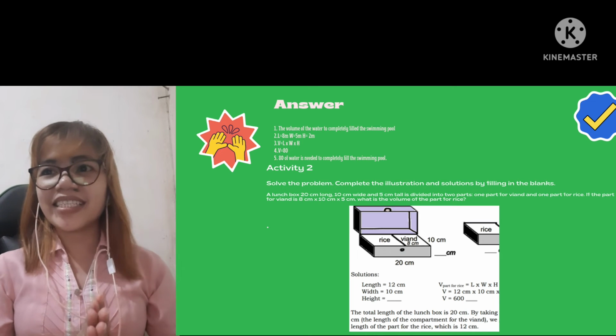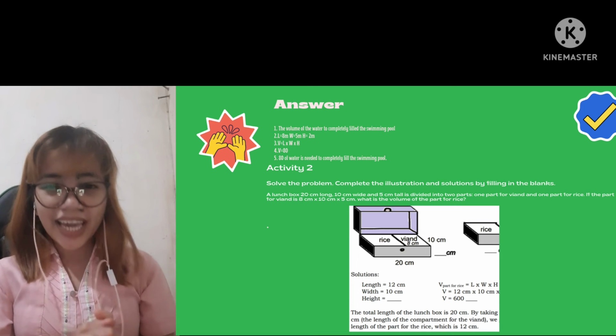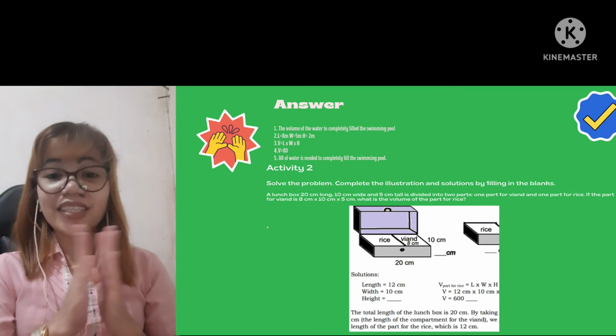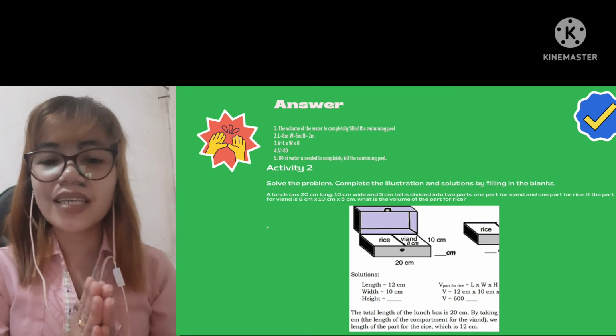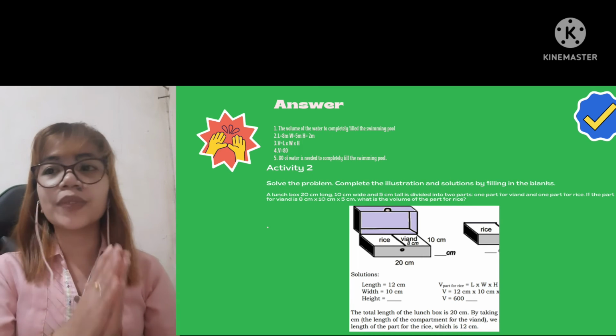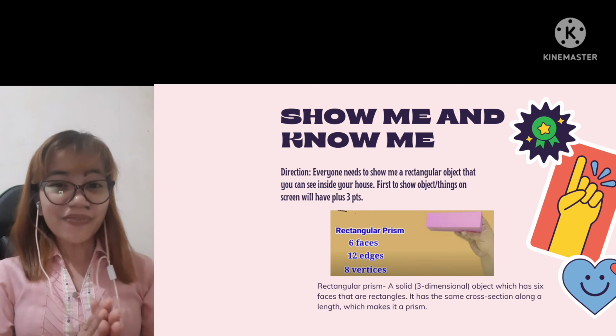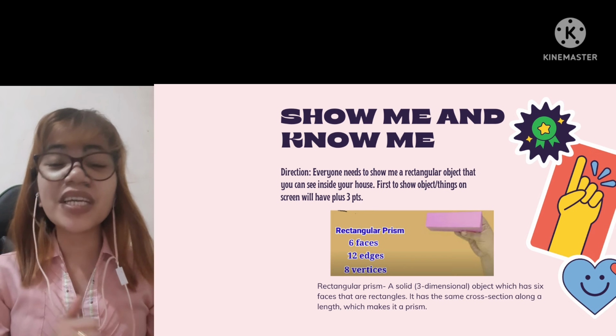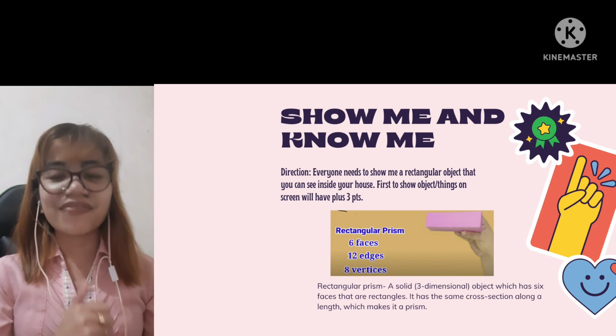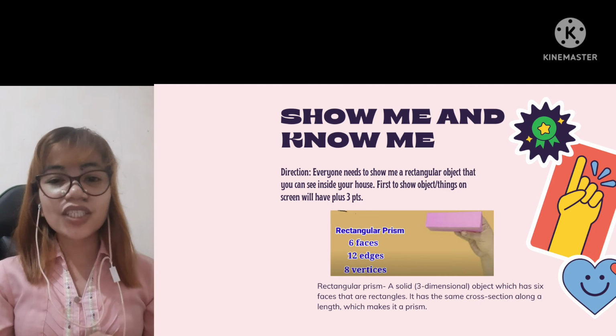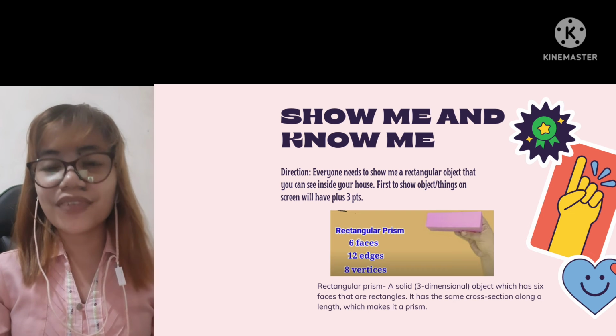Now, students, can you define the term rectangular prism and give some real-world examples? Perfect! A rectangular prism has 6 faces, 12 edges, and 8 vertices.